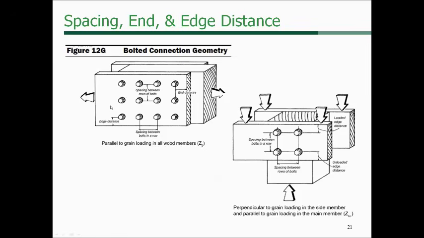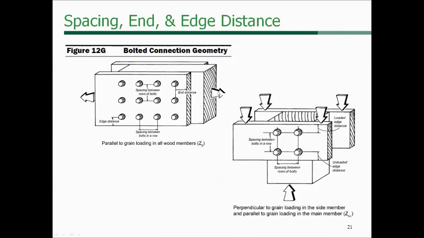So both the main and the side members are loaded parallel to grain. The 2x members, this is the longitudinal axis of those wood members. Think of these as 2x12s in the example that we looked at. And so they're both loaded up parallel to grain. You see the load cells at the end, so that's a Z parallel.